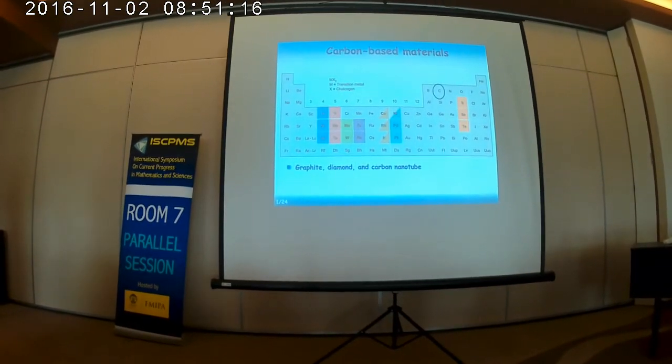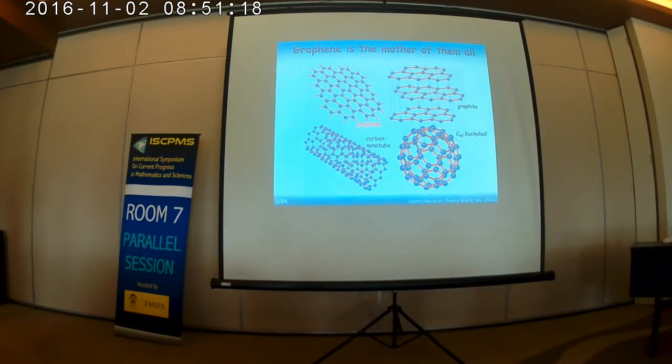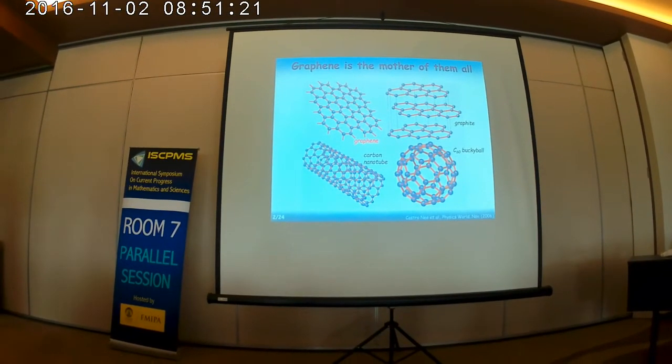And recently, graphene, a very thin layer of graphite, has attracted a lot of attention because graphene is the mother of all the other carbon-based materials, including graphite, carbon nanotube, and C60 buckyballs. And graphene also shows a variety of interesting electrical and optical properties and potential practical applications.